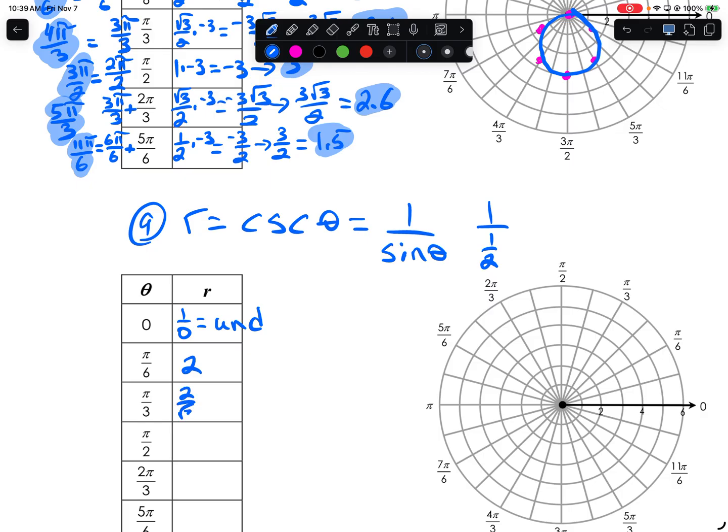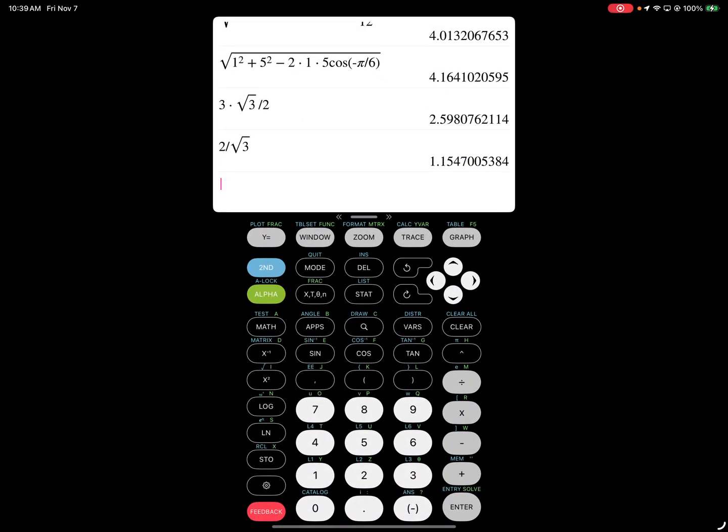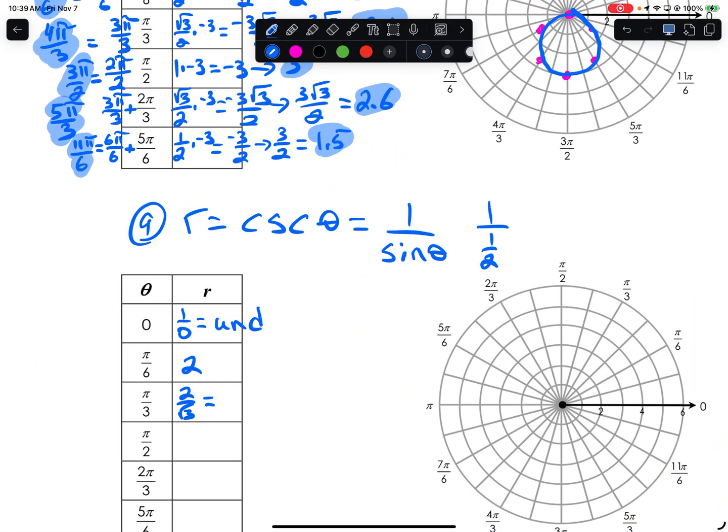You might want to rationalize, but who cares? Just plug it into your calculator, right? So we don't really have to rationalize there. So if we do 2 divided by root 3, I'd have 1.2, so a little over 1. Because we're just graphing on the little concentric circles, so it doesn't matter.